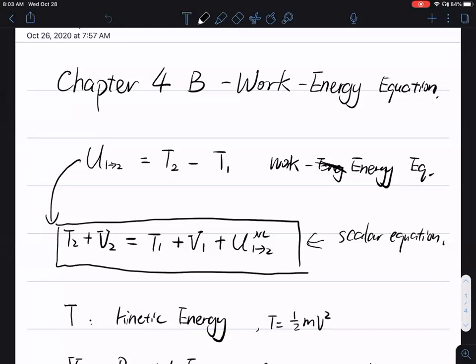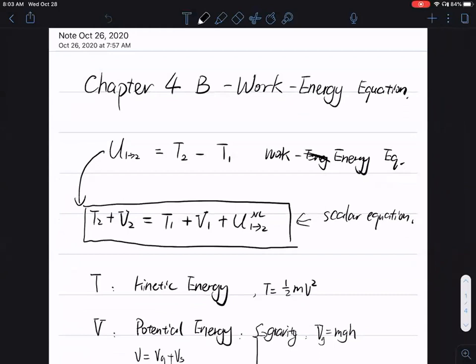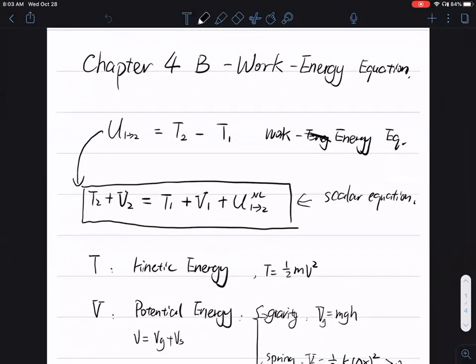All right, let's take a quick review. We started chapter 4b last time, and that's the work energy equation. You should remember this equation. It's not very hard to memorize.